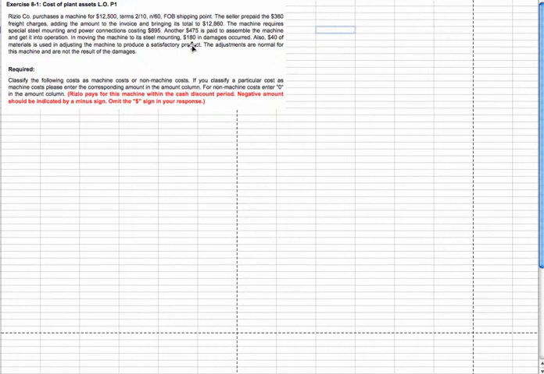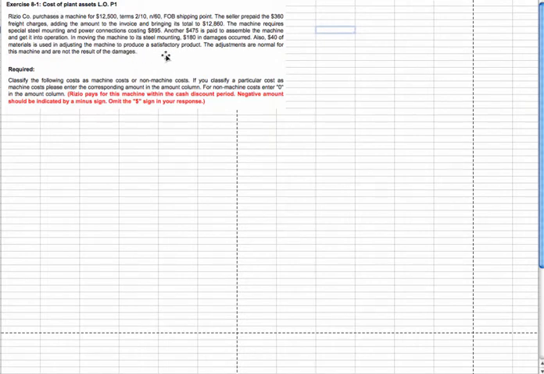Now the question is whether you include or not include this $180 into the cost of the asset. If this product needs to be repaired, if you purchased the machine and it was broken at the time it was purchased, and you have to spend this $180 to make it into its usable condition, this $180 has to be included into the cost of the asset.